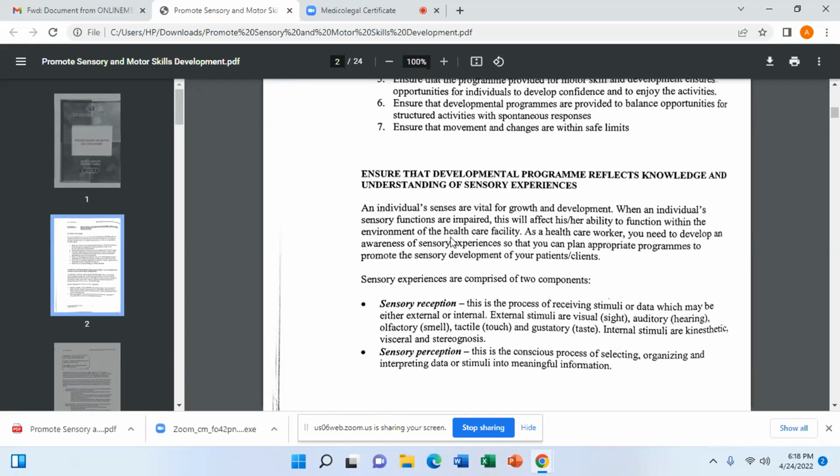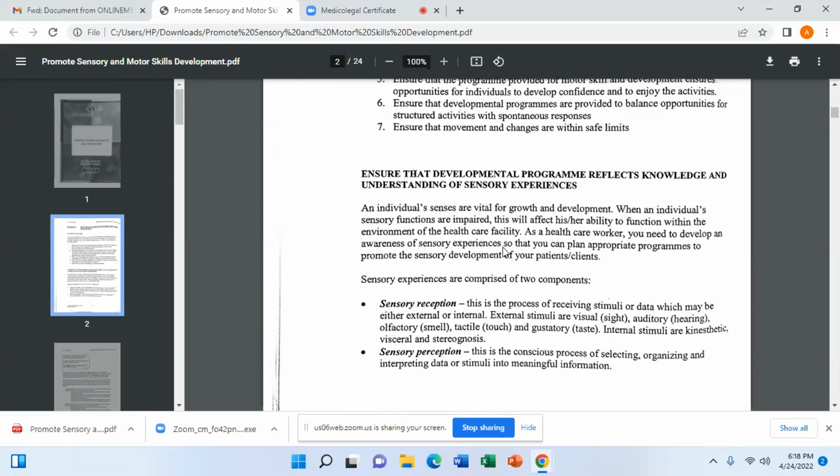It says when an individual's sensory functions are impaired, that's his ability to function within the environment of the healthcare facility, you as a healthcare worker, you need to develop an awareness of the sensory experience. And when we're talking about sensory, it's like sight, hearing, smell, touch, taste.